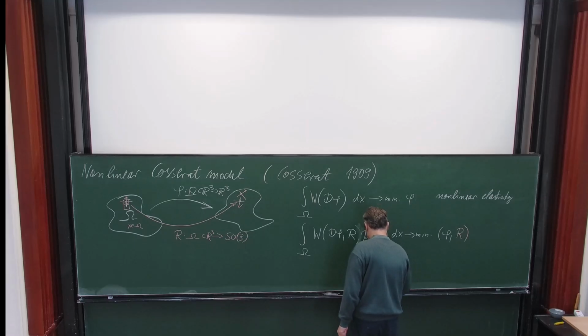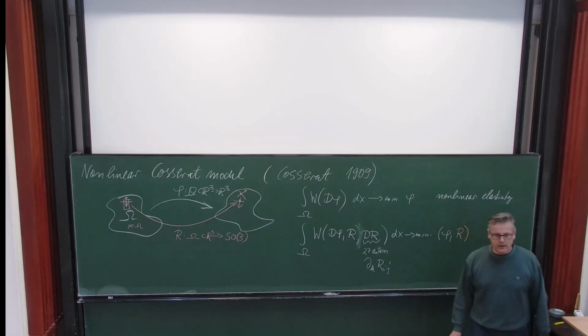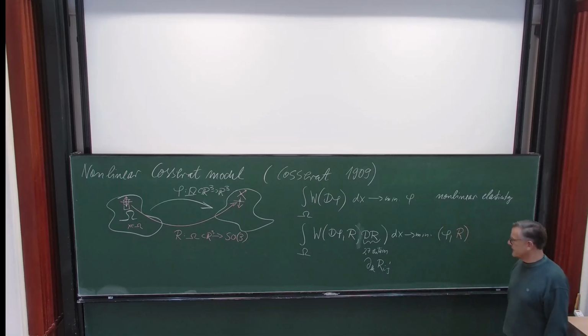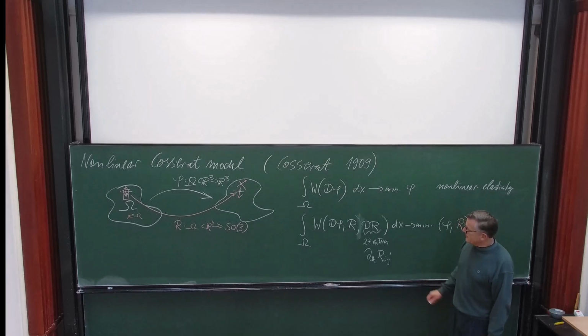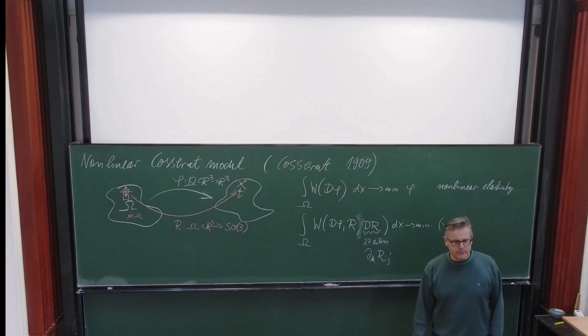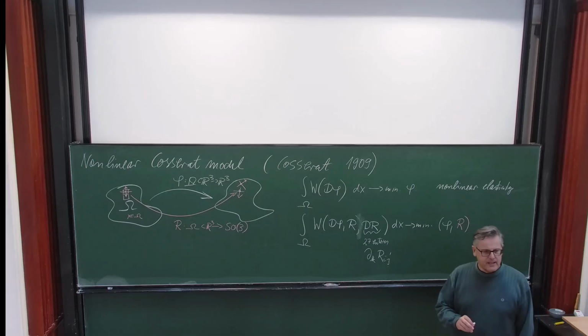It's just d_k R_ij for a rotation and all partial derivatives. 27 entries. But for us, the special format of that tensor is not important. The only important thing is that we want to control the full gradient somehow.